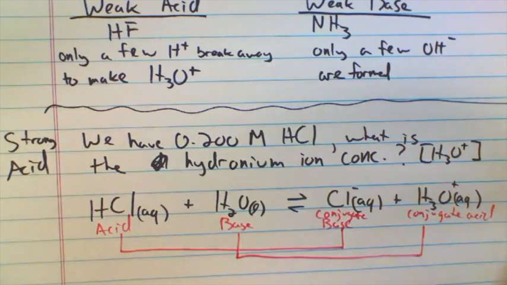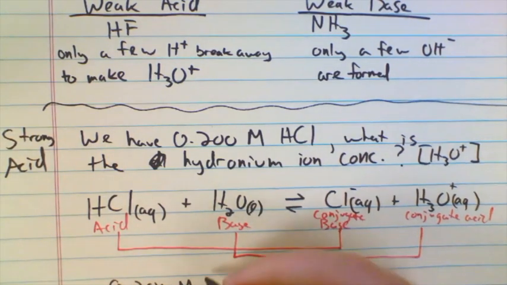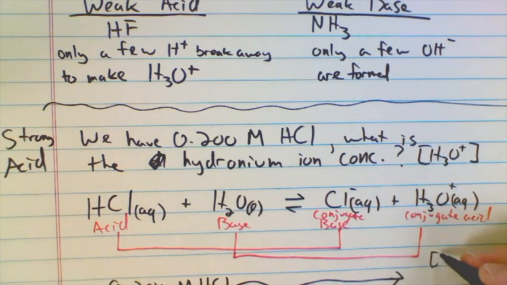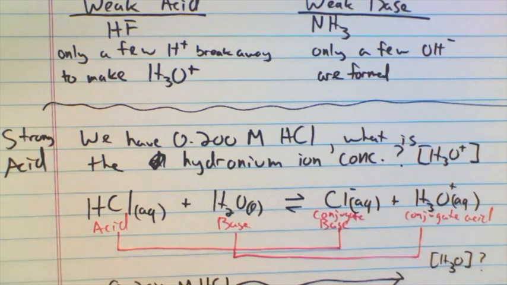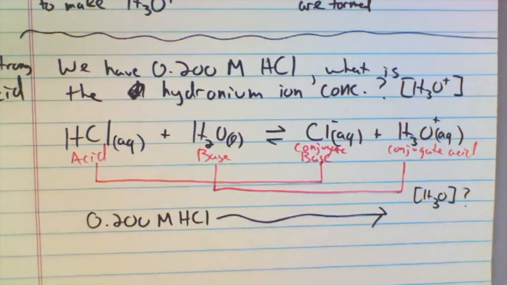So again, what we want to know is, what is going to be our hydronium ion concentration over here? If we have 100% dissociation, what's going to be that concentration?